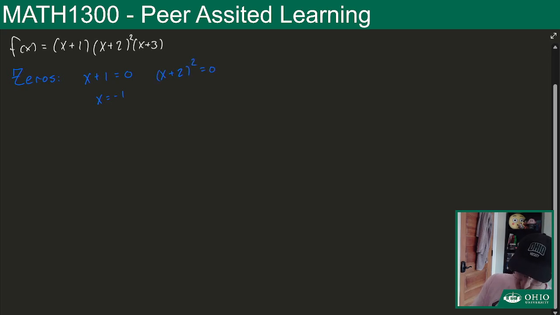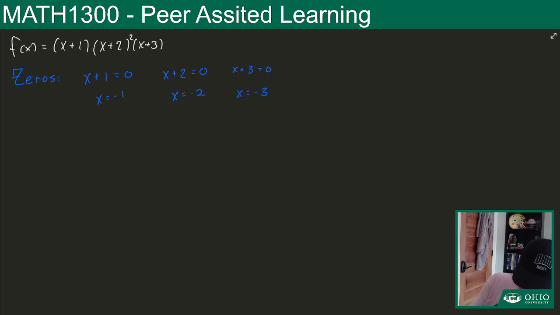However, if I immediately square root both sides, the square root of 0 just stays as 0, so we can actually just solve the inside portion. So x plus 2 equal to 0, I get x equals -2. And if x plus 3 is equal to 0, I get x equals -3. All right, so these are our zeros, these 3 values right here.